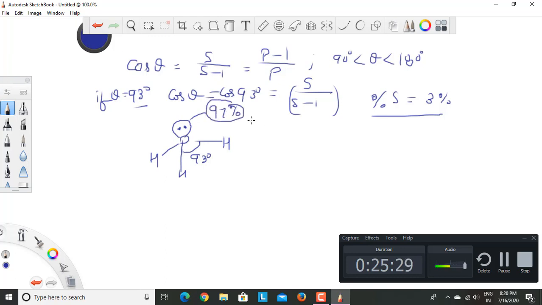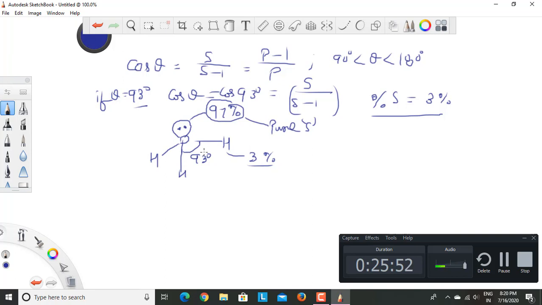That means we can assume 97 is close to 100, so this is a pure s orbital. In PH3, the lone pair is a pure s orbital and the angle is 93, meaning here only 3% hybridization.